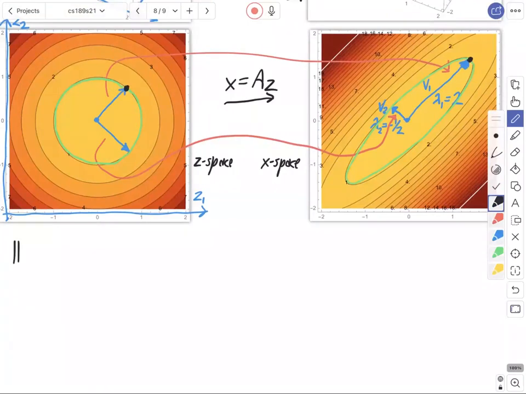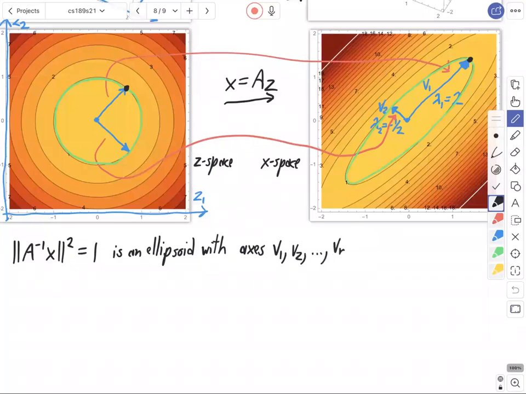What I'm claiming is that if we draw the function or the contour plot of A^-1 x squared, and we look at its isocontour with iso value 1, then that is the equation of an ellipsoid, with its axes being the eigenvectors, and the radii along each of those axes being the eigenvalues.